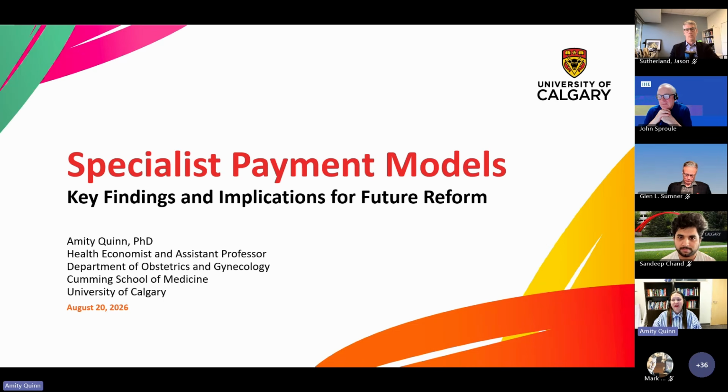Since then, the evidence base has grown, but we still haven't identified a universally superior payment model. So I'm not really interested in the question of which payment model is right for specialists in Alberta. The question I find more interesting is, what can payment reform realistically accomplish?